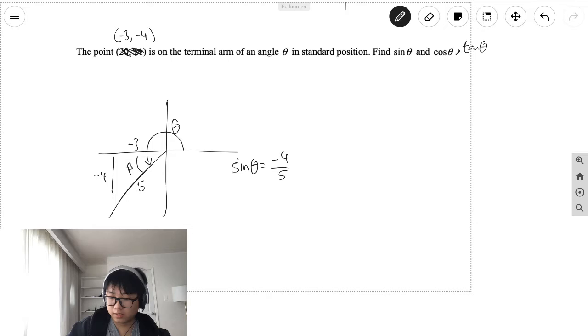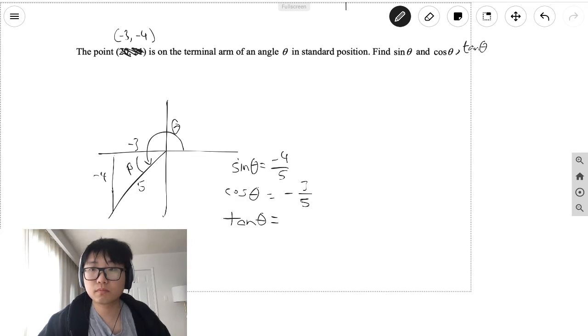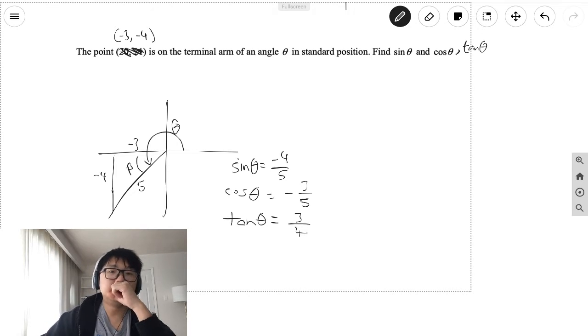And as expected, it is negative because this is in the CAST T quadrant. -3 over 5. And then lastly, careful with the 3 over 4. It's opposite over adjacent, not adjacent over opposite.